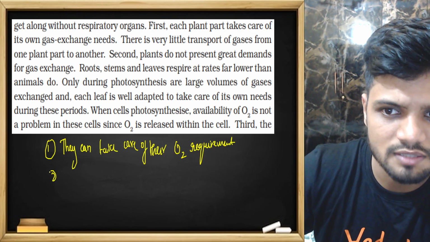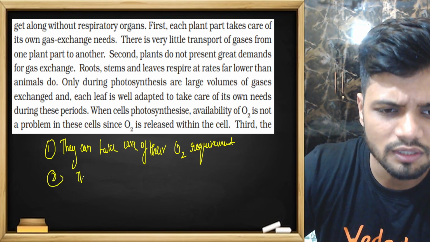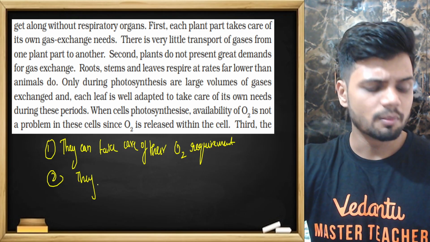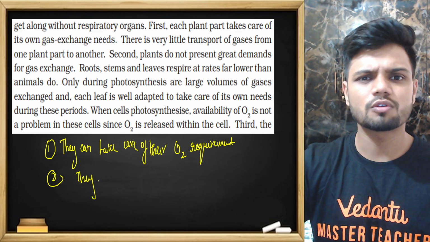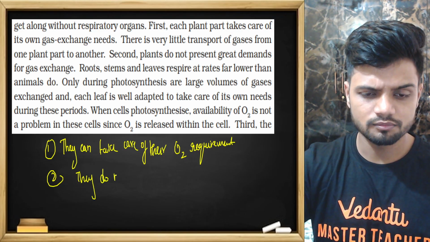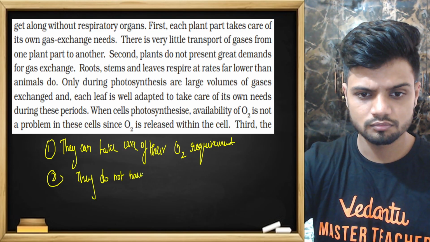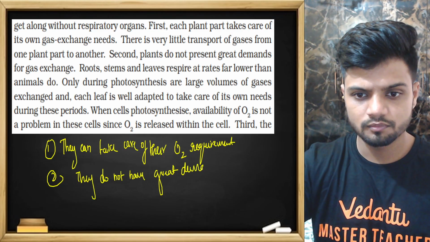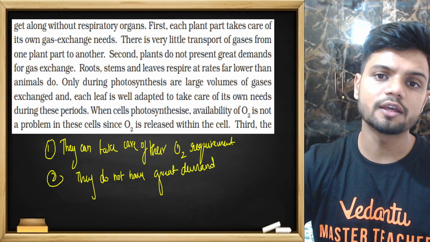The second one is very simple. They do not have great demand. They don't require as much oxygen as us. Plants can produce their own oxygen, use their own oxygen. Even if they have demand, how is it taken care of?